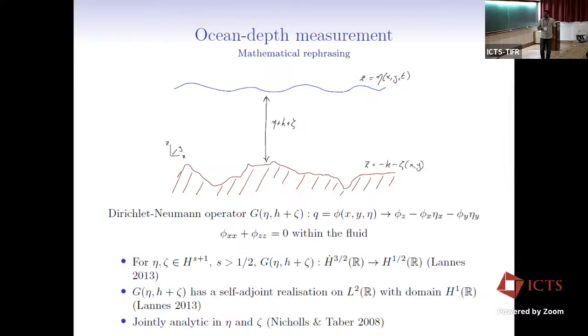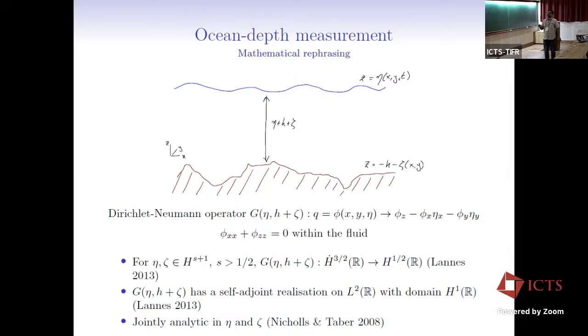Okay, so I need to introduce a new object that some of you may or may not know about. It is called the Dirichlet-Neumann operator. It is a linear operator, an operator that eats a function, and the function it eats is the Dirichlet condition at the free surface. It assumes a Neumann condition at zeta and solves this Laplace equation.